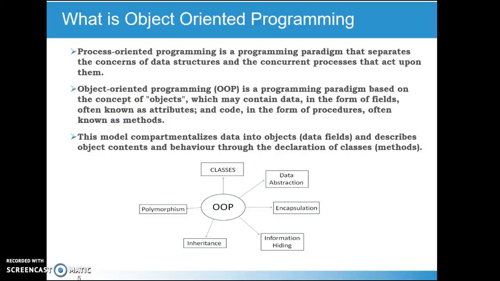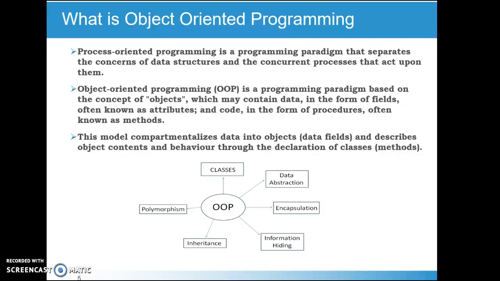In process oriented programming, data and functions are independent in nature, whereas in object oriented programming the data is dependent on the method. In this model, we create an object for each class. The object is responsible for sending and receiving data from the fields.